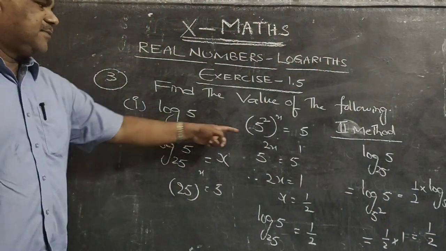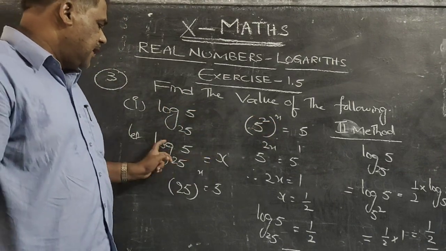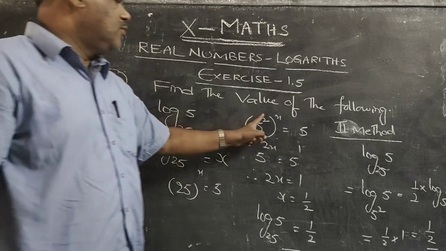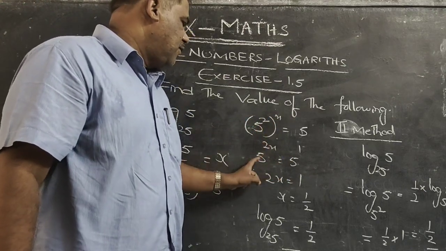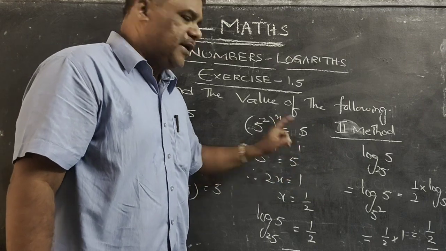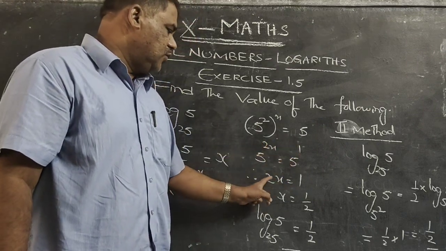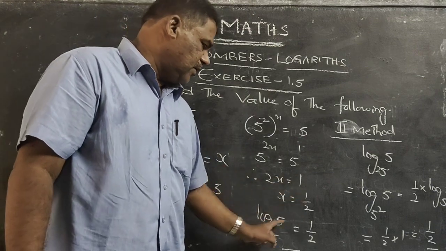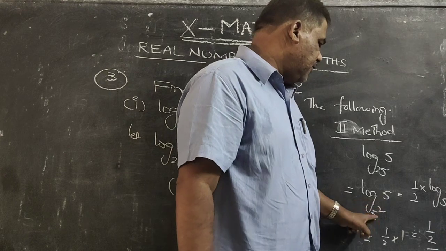In the first method, you suppose the given problem as x and remove logarithm. After removing the logarithm, we are going to make the bases same. So 5 to the power 2x is equal to 5 to the power 1. If bases are equal, powers also equal, 2x is equal to 1, x is equal to 1 by 2. Now in second method, 25 is nothing but 5 square.